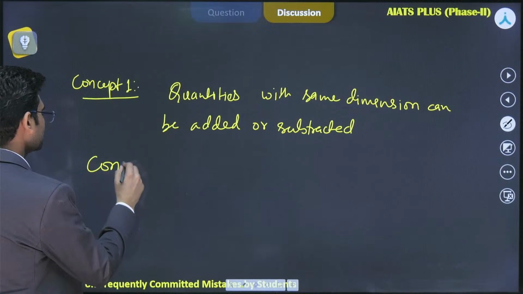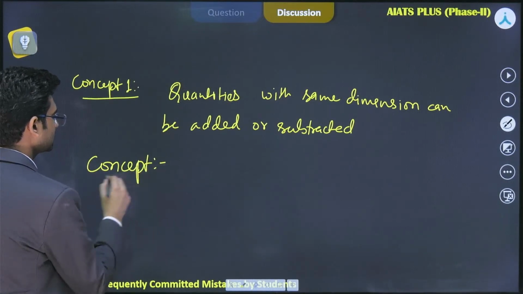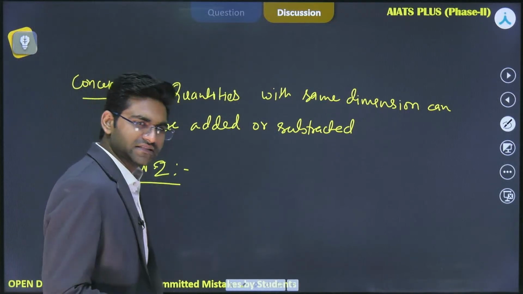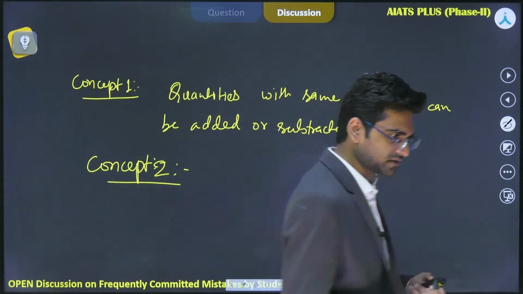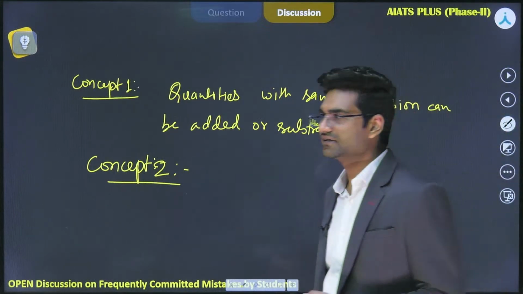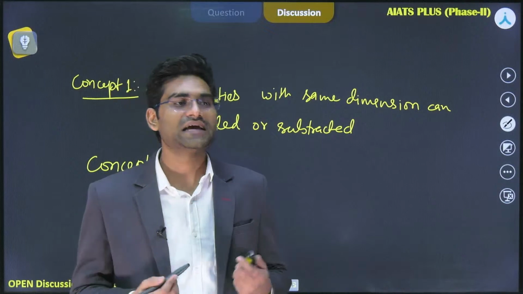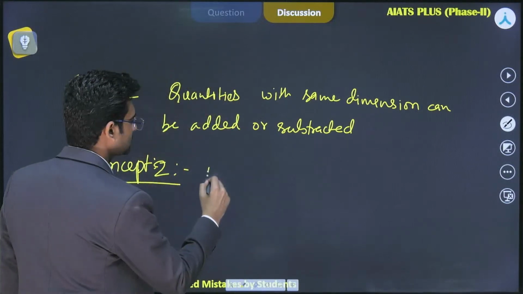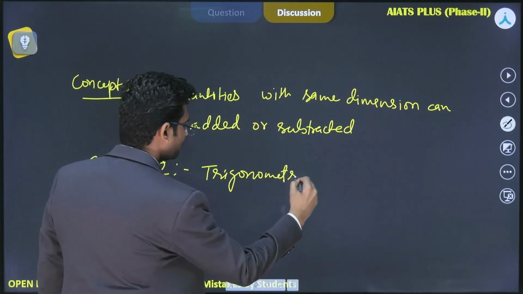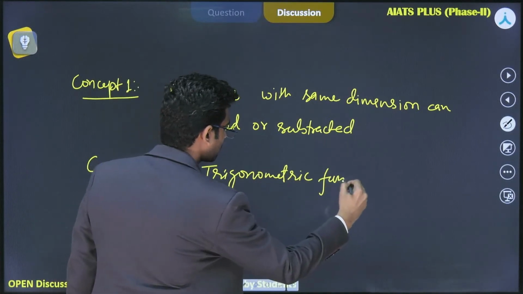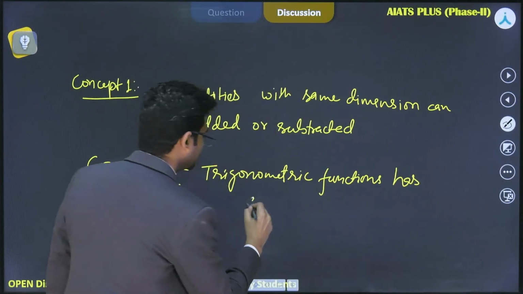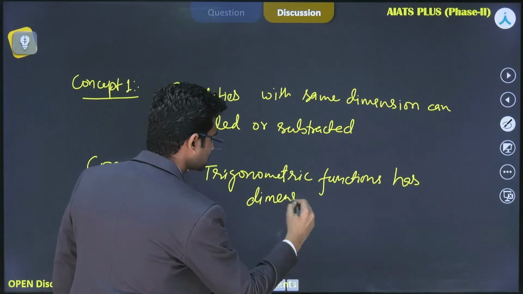What is the second concept which has been used here? The second concept is that there are some mathematical operators or functions which have dimensionless arguments. For example, trigonometric functions have dimensionless arguments.